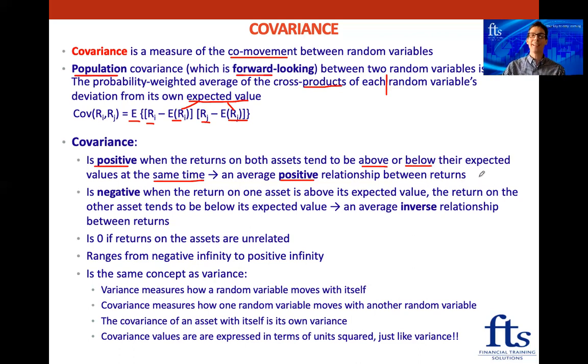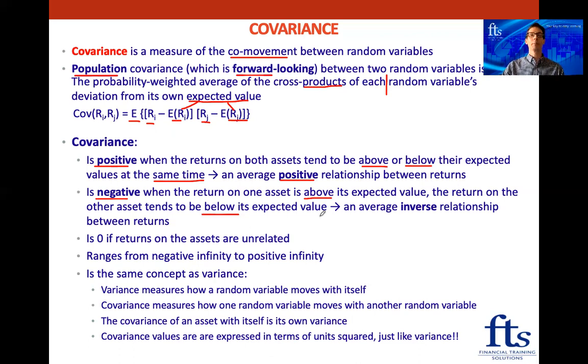And again, the example we're going to do on the next slide is going to help to clear this up. And I want to actually come back to this bullet point after we've done the example. So to this we shall return. And then covariance, it's negative when the return on one asset is above its expected value, then the return on the other asset is below its expected value.